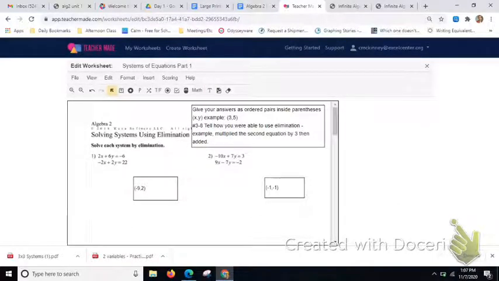Again, I do not expect or want all of your work to be typed. I want things like, I multiplied the second equation by 3, or I multiplied the top equation by -1. Please ask if you are uncertain of how to proceed.